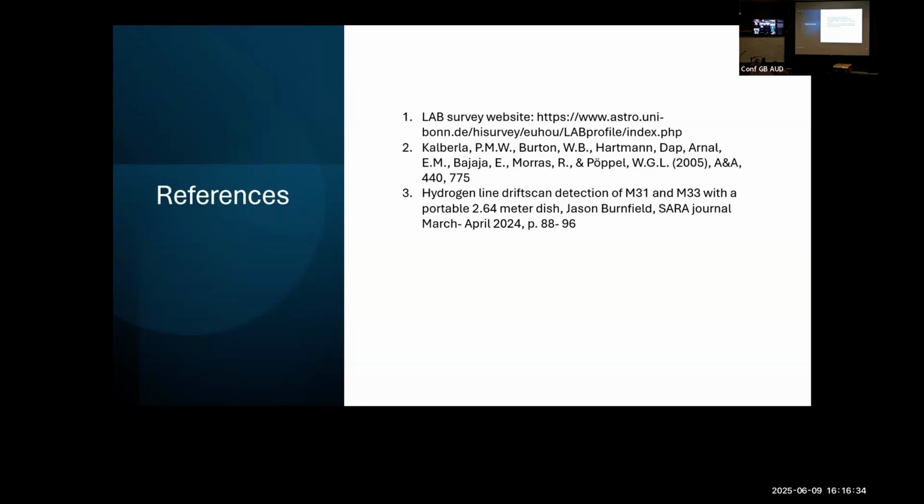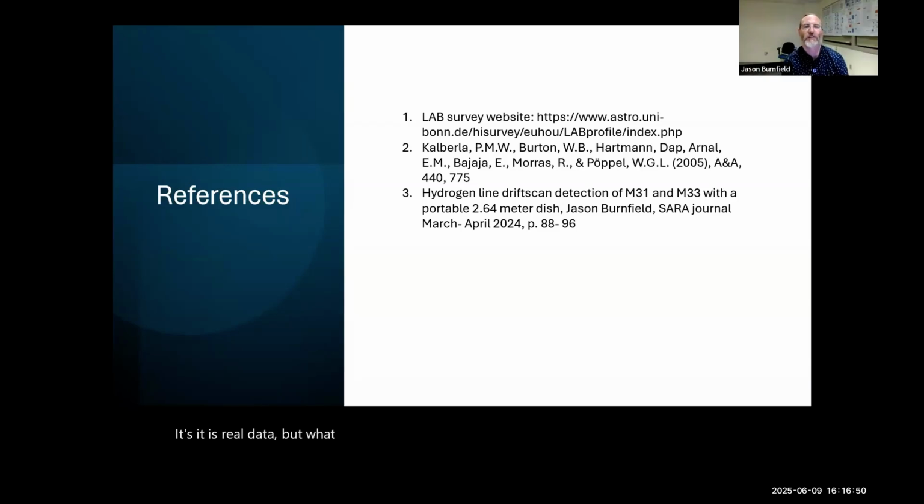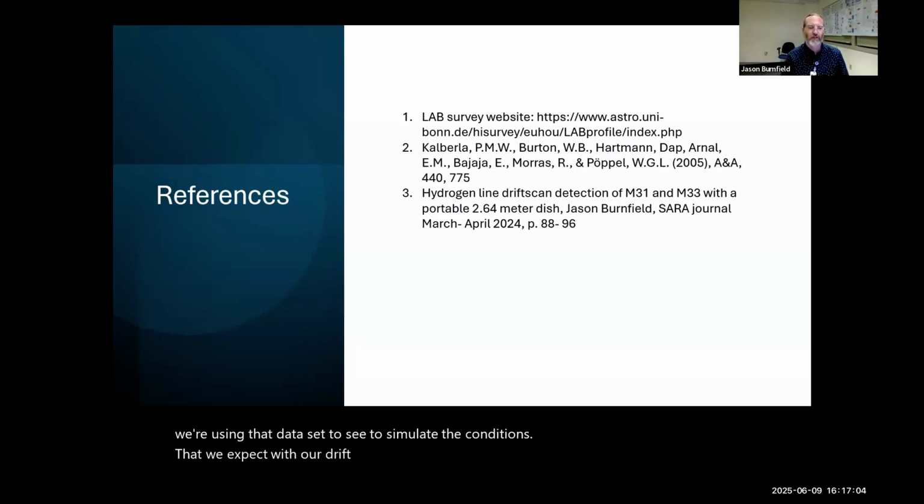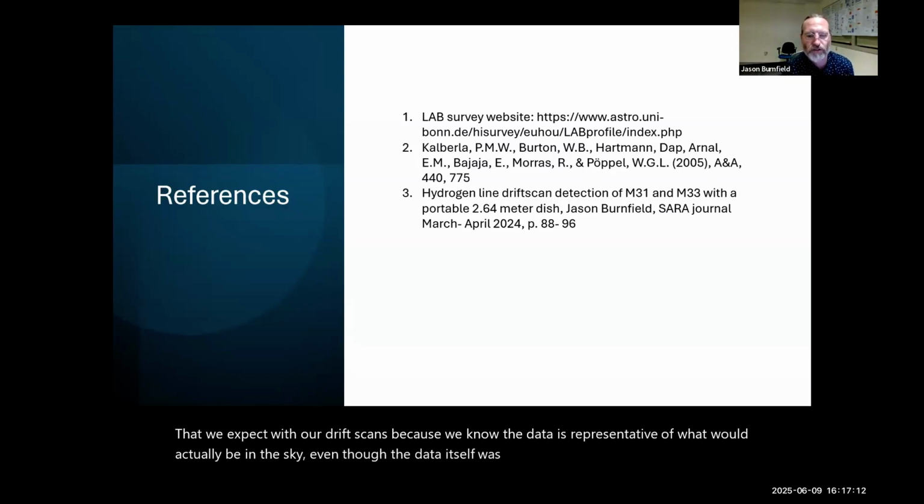I have a clarification question. When you say simulated data, is it actual observational data that's available, or does it literally simulate the data? It is real data, but the data was collected for a different purpose. And so we're using that data set to simulate the conditions that we expect with our drift scans, because we know the data is representative of what would actually be in the sky, even though the data itself was collected at a much higher resolution.